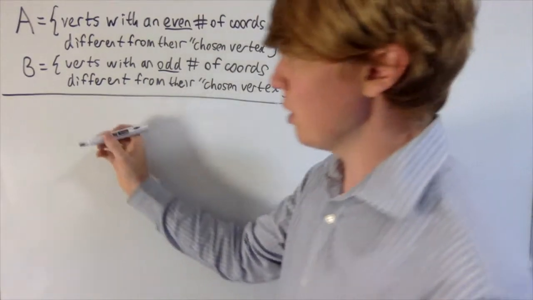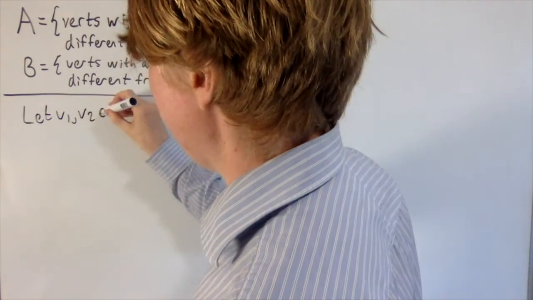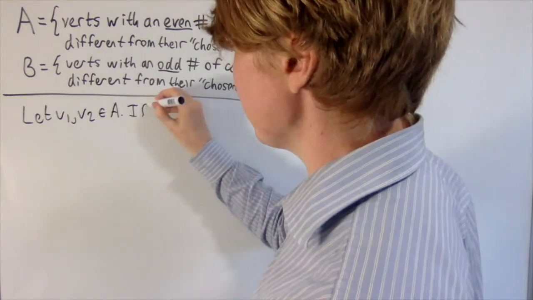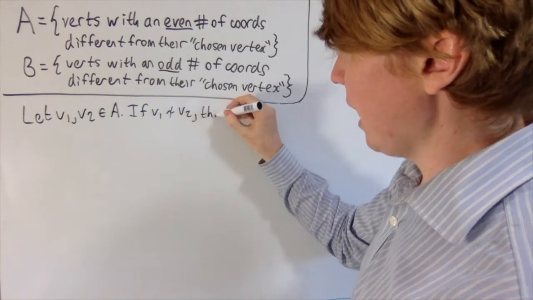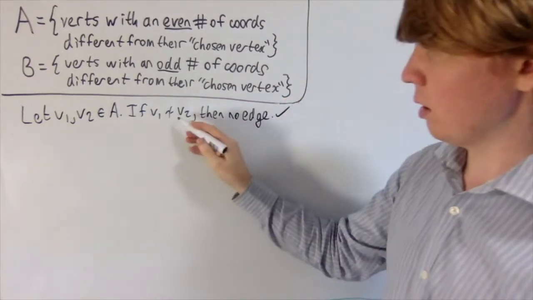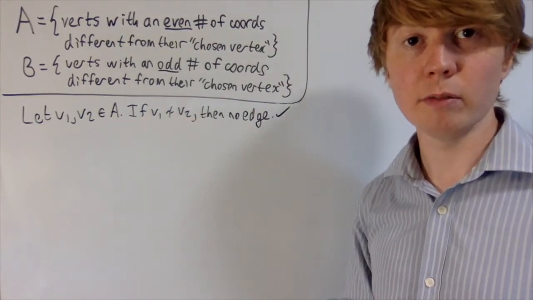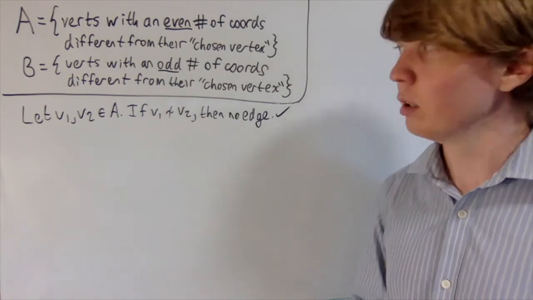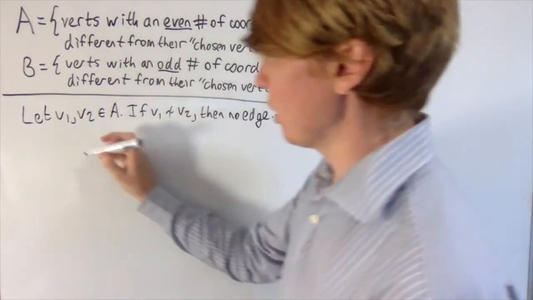We have two vertices, we'll say V1 and V2, both in A. First of all, if these are in different equivalence classes, then clearly there can't be an edge between them, because there's infinitely many coordinates different if they're in different equivalence classes. But in order to have an edge, there's exactly one coordinate different between them. So for sure, if they're in different equivalence classes, there can't be an edge joining them.